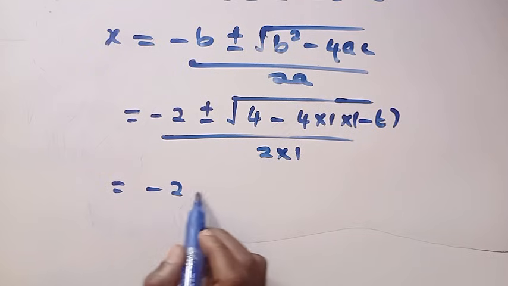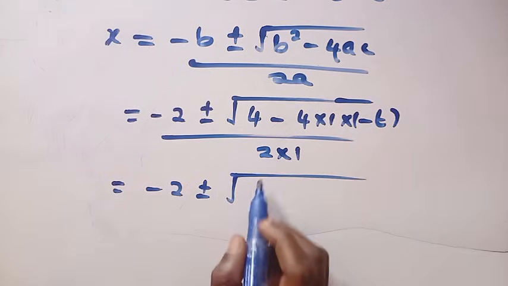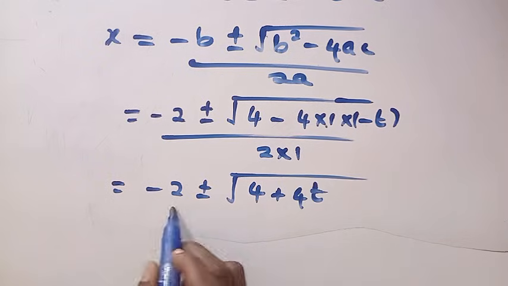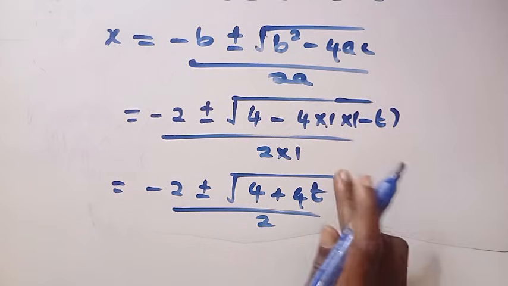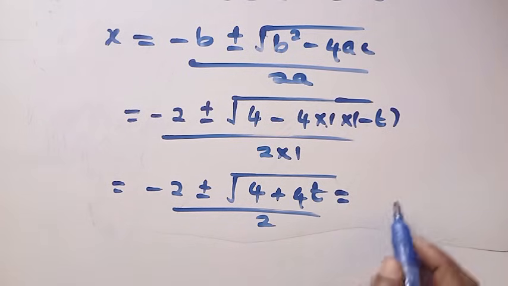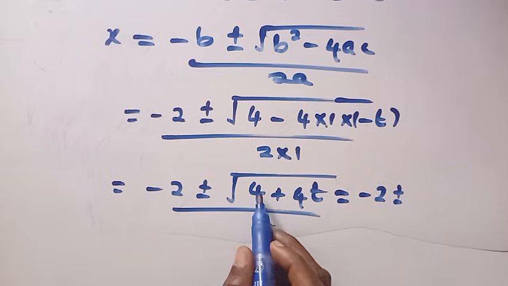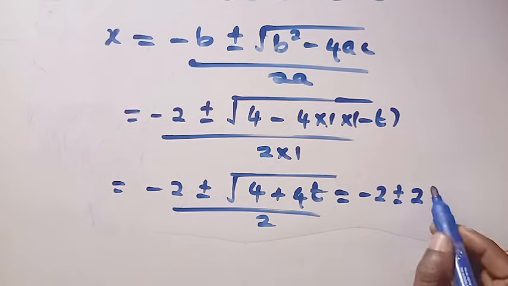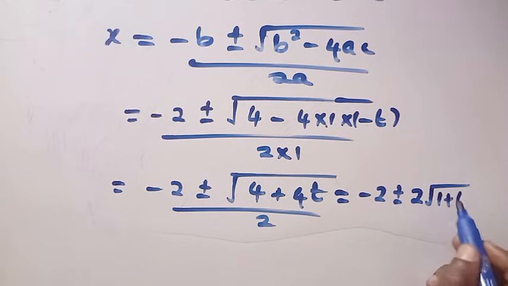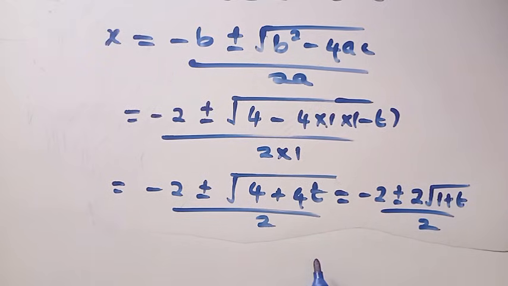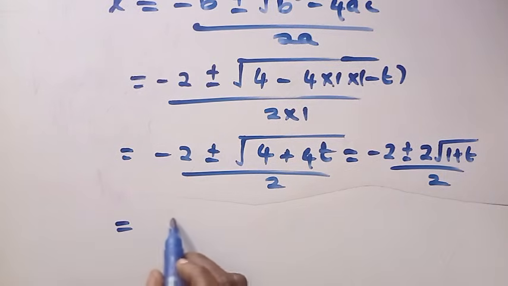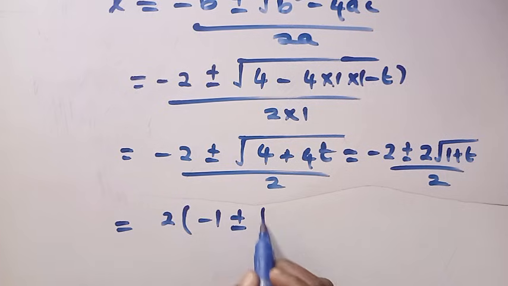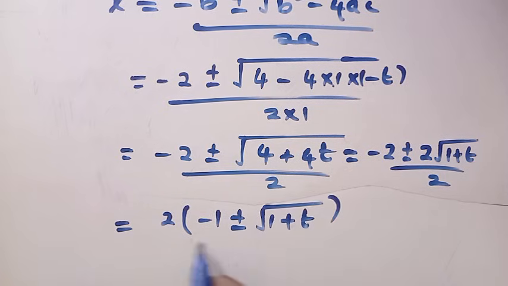In the next step, we have minus 2 plus or minus the square root of 4, minus times minus gives plus, 4 times 1 times t, that is 4t, divided by 2. Looking at this side only, here we have minus 2 plus or minus, if I take out 4 from here, we have 2, then inside the root, the square root of 1 plus t, divided by 2. Then taking out 2, we have 2 bracket minus 1 plus or minus the square root of 1 plus t, divided by 2.